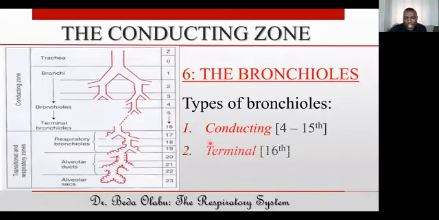Then the 16th generation of airway division is known as the terminal bronchiole. I want you to note that the terminal bronchiole is actually the end of the conducting zone.